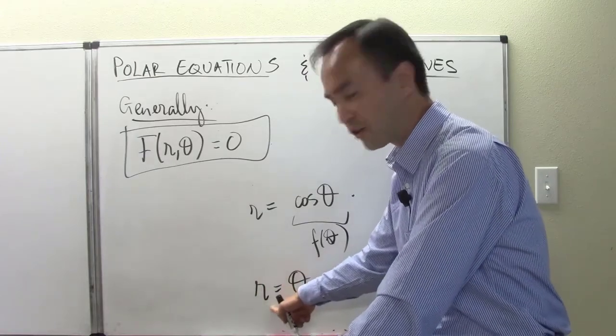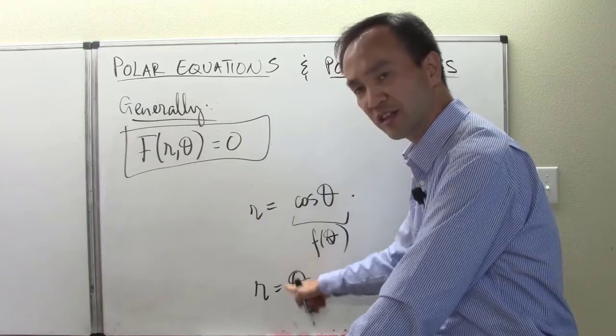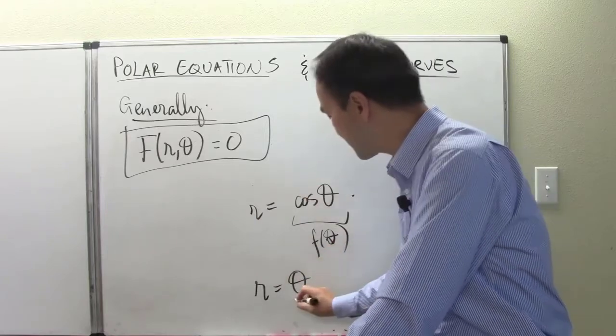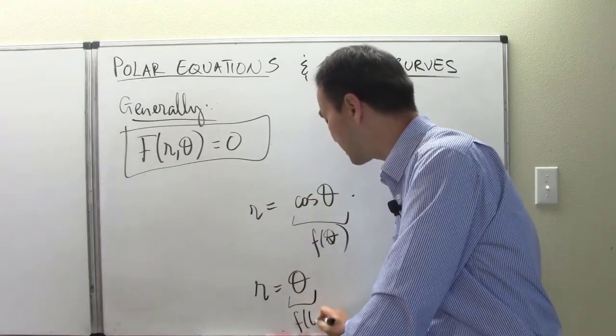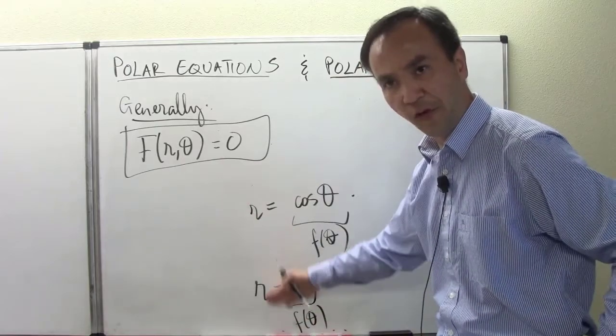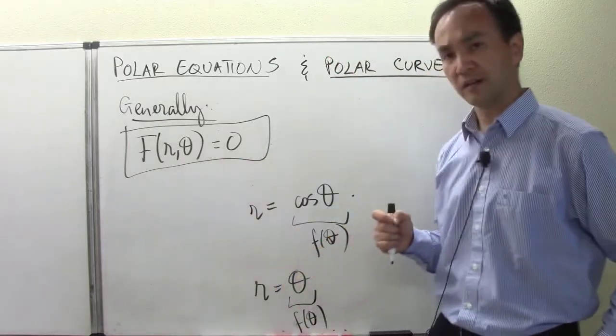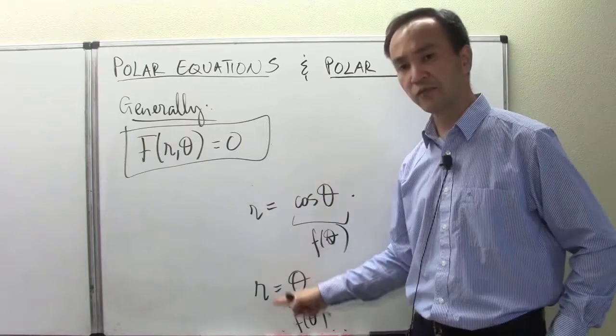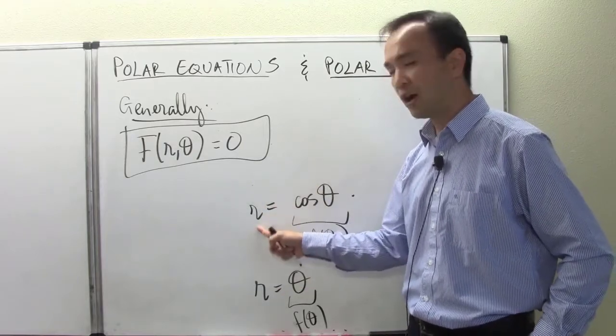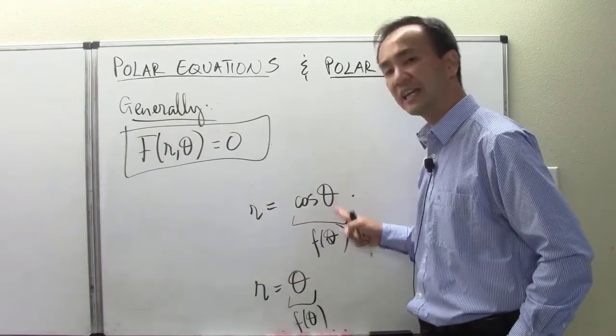See, a linear term for r, and the expression on the opposite side is a function of theta. So it's another form of a polar equation, specifically written treating r as a function of theta.